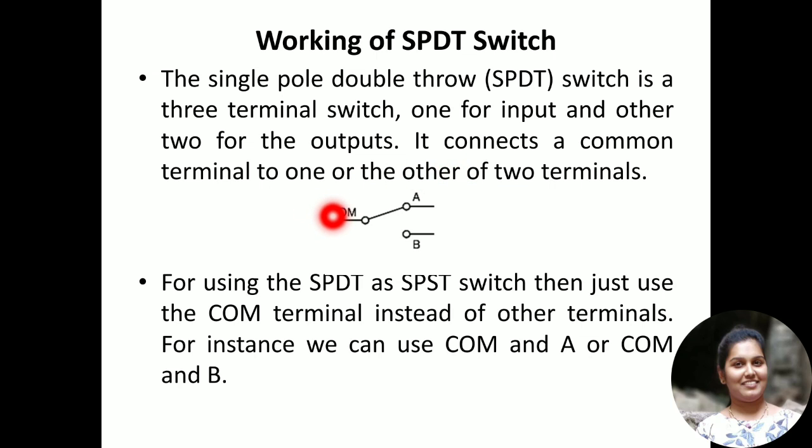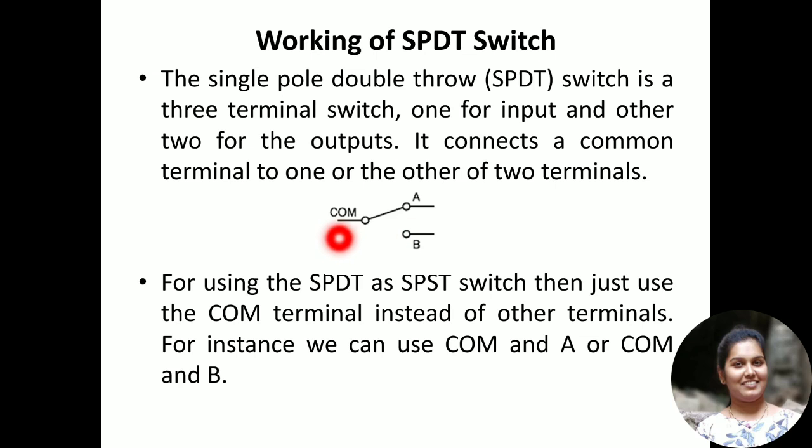Or otherwise, if we use COM and B, then it also makes a single pole single throw. So single pole double throw switch is nothing but an extended version of single pole single throw switch, where instead of one throw we see two throws. So instead of one circuit, another additional circuit can be connected.